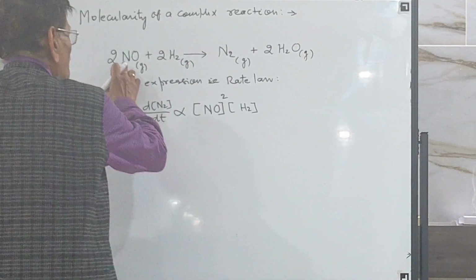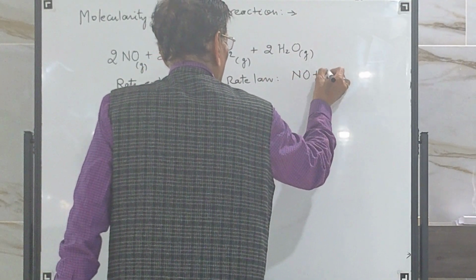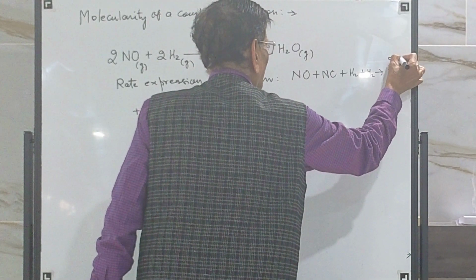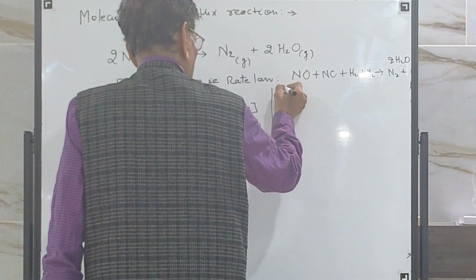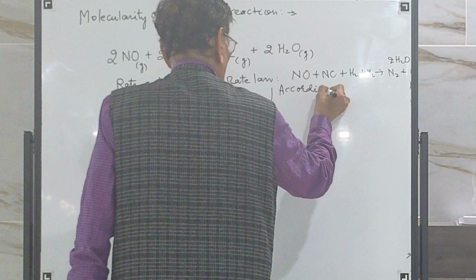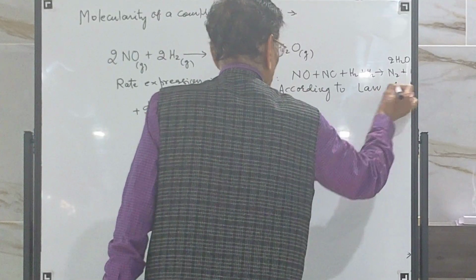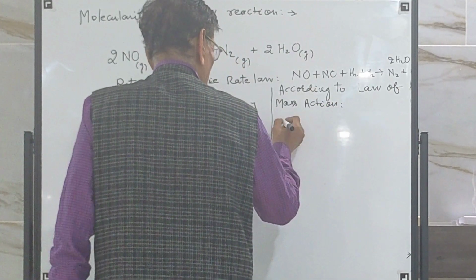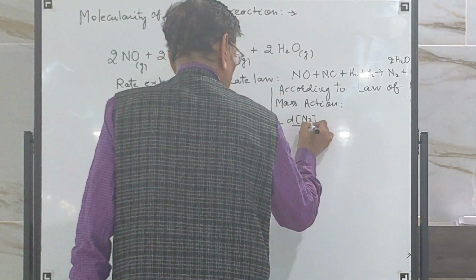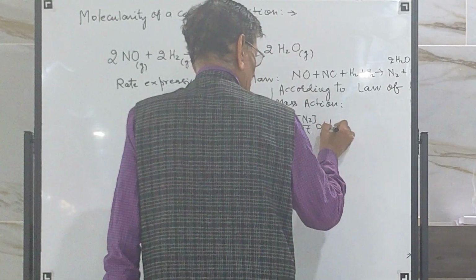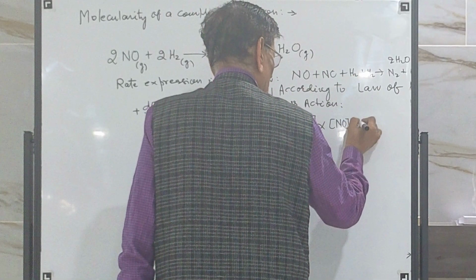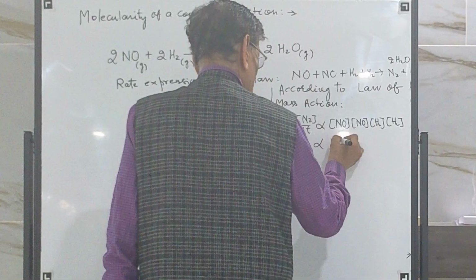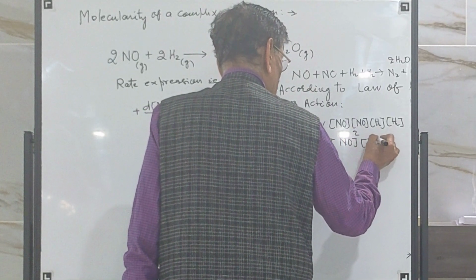Since here there are two molecules of NO and two of hydrogen, 2NO + 2H2 → N2 + 2H2O, according to the law of mass action the rate, +d[N2]/dt, should be proportional to [NO] × [NO] × [H2] × [H2], that is [NO]²[H2]².